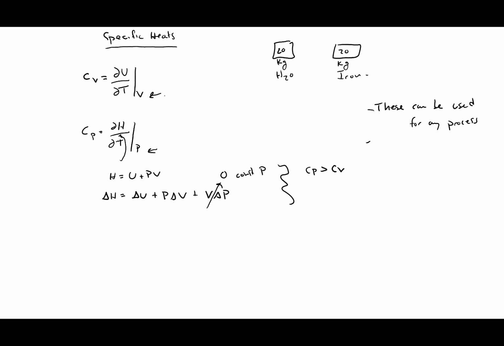The other thing to notice is if we look at C sub V, we have the internal energy and we have temperature. These are thermodynamic properties. And so C sub V and C sub P are calculated with thermodynamic properties, which means that C sub P and C sub V are also properties themselves.